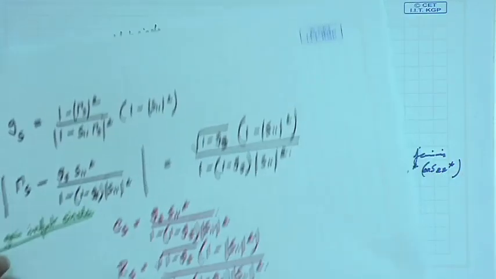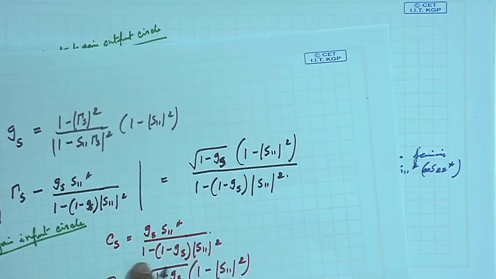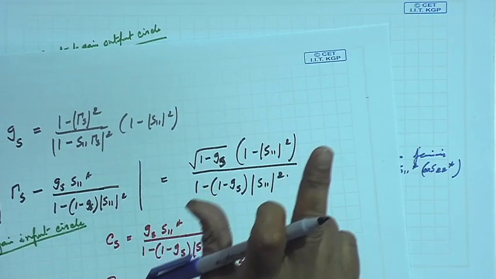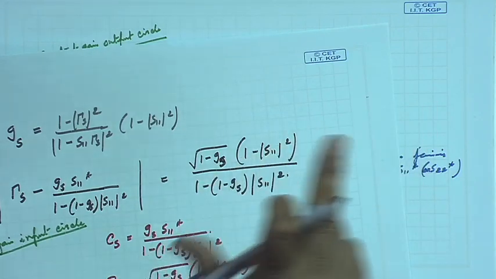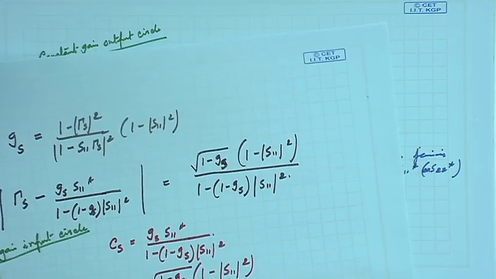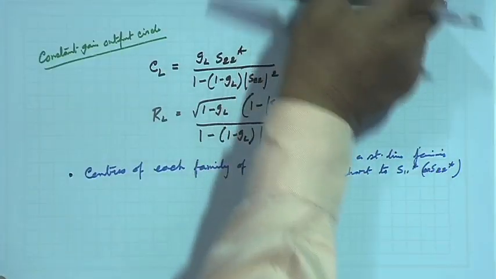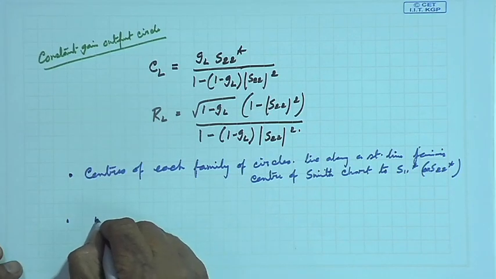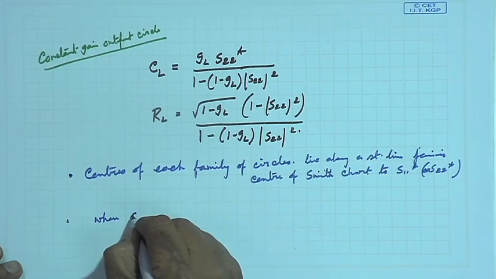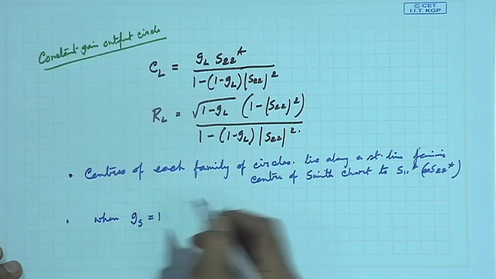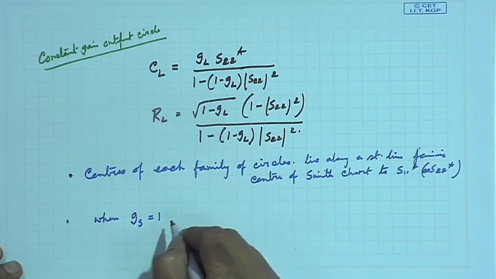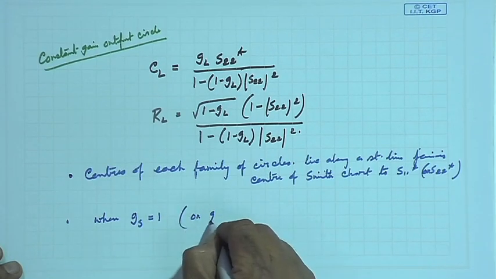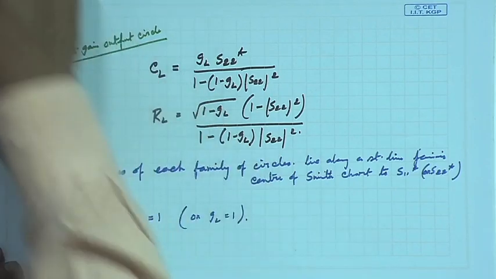You see, the center is, this is all some real number. So, Cs is along S11 star, in the Smith chart that is a complex number. So, it is along S11 star, or Cl is along S22 star. Then another point is when Gs is equal to 1 or Gl is equal to 1, what happens?